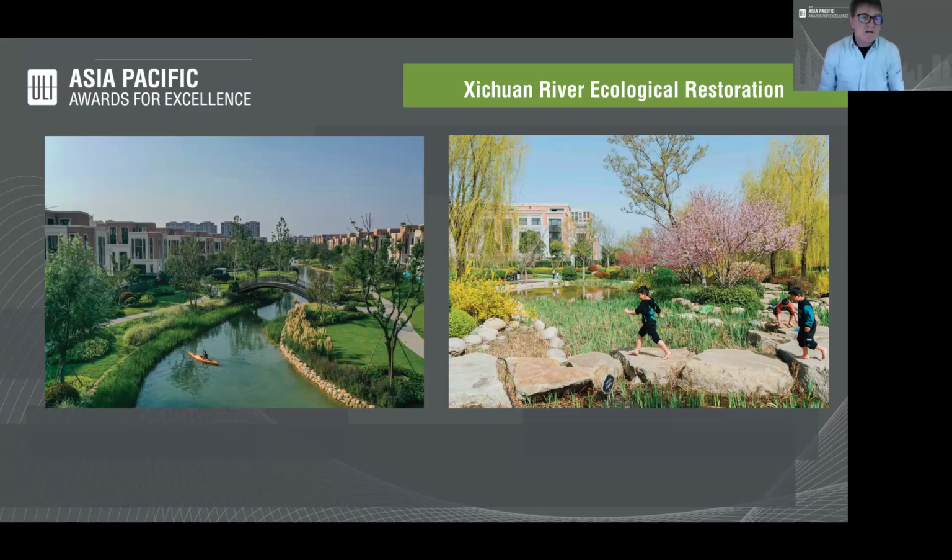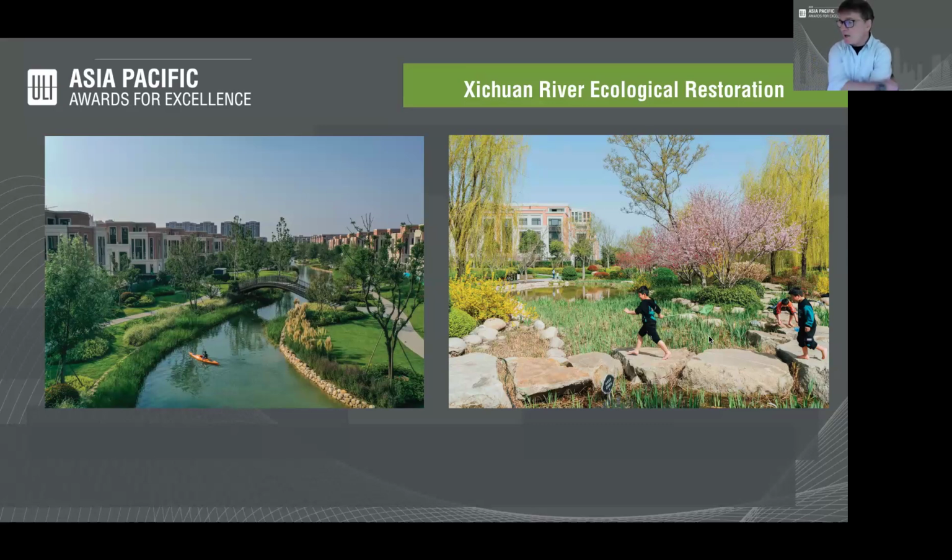And the governments, both provincial and national, have been quite active in trying to regenerate local river and ecological systems close to rivers, in order to regenerate them for the local people.